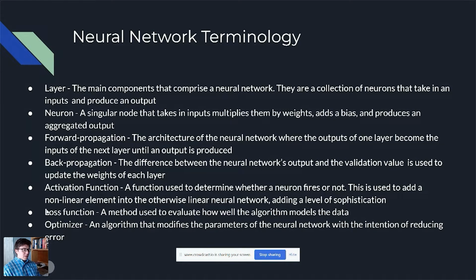And then, as stated before, the loss function is how the neural network validates its prediction against the actual data. And the optimizer is how a neural network uses that loss function to update the weights.